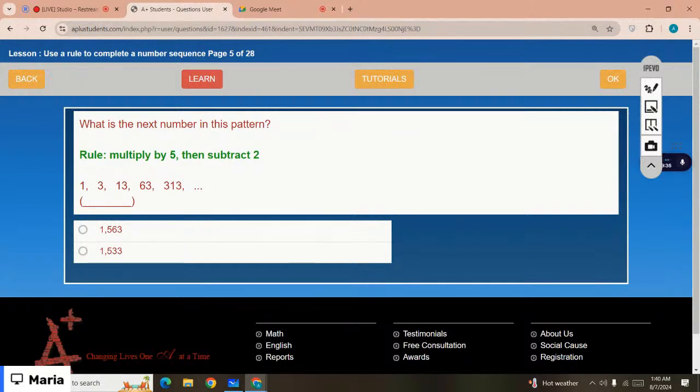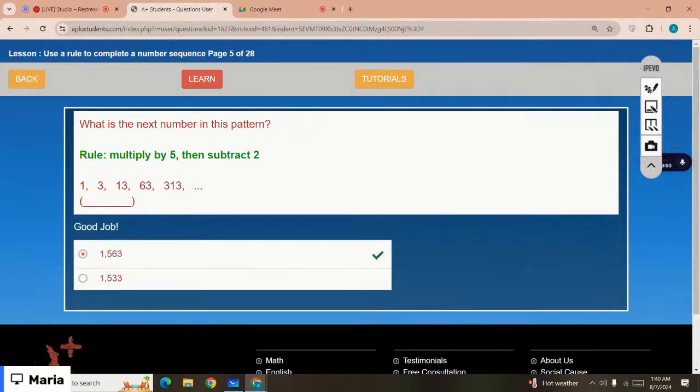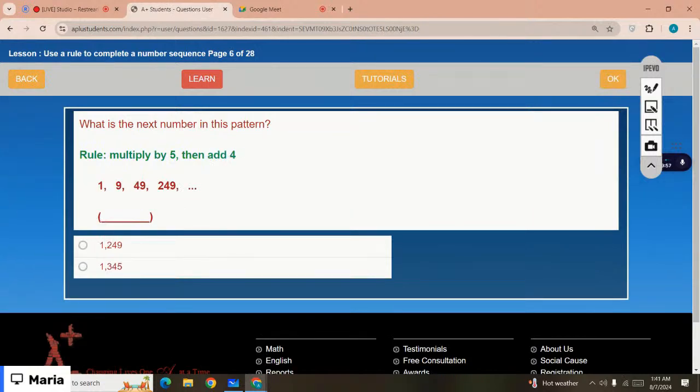So 313 times 5 is 1565. You have to take away 2. So the correct option is 1563. Option number 1 is the correct option. Got it? Okay, you can complete the lesson today.